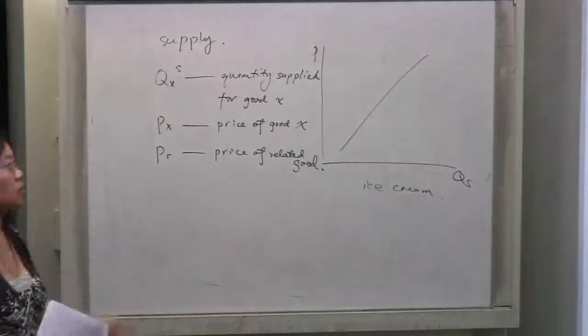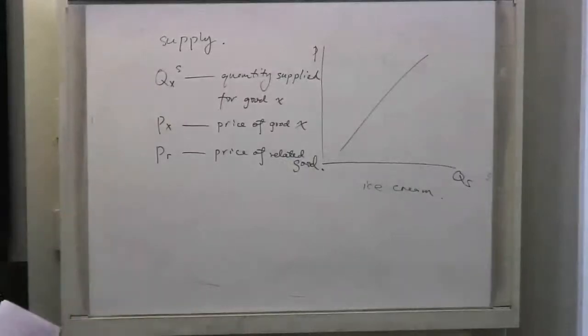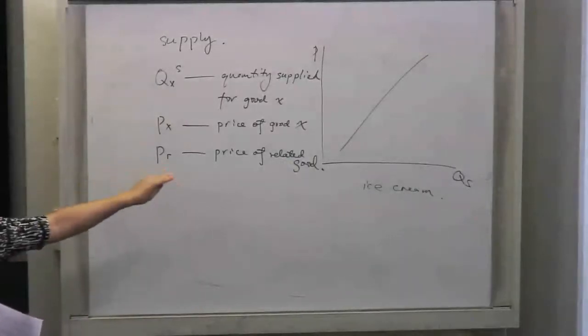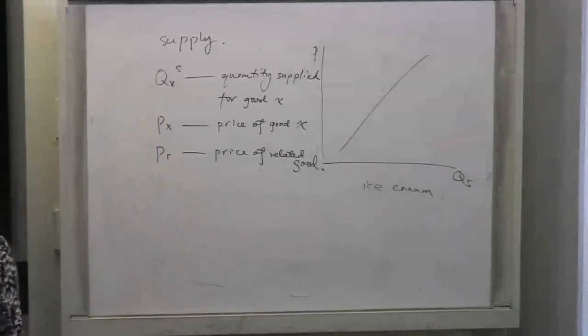Another factor we did not mention here is that the price of related goods can also affect the supply of the good. For example, if you're a farmer in Pembroke, you have a piece of land. You can use this land to grow wheat or soybeans. And this year the soybean price is up. So what are you going to decide to do? You decide to grow soybeans instead of wheat.